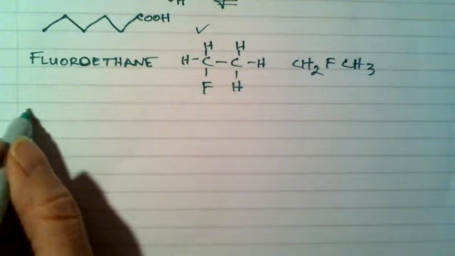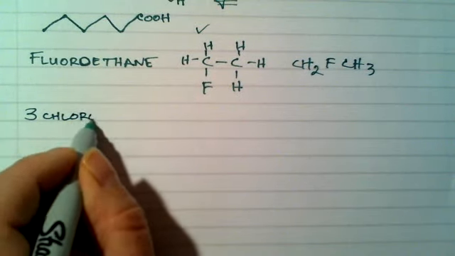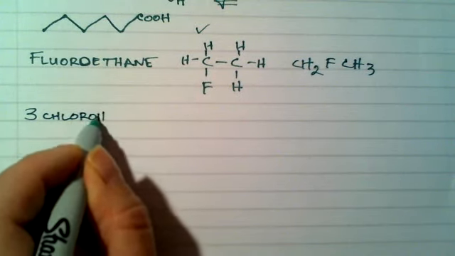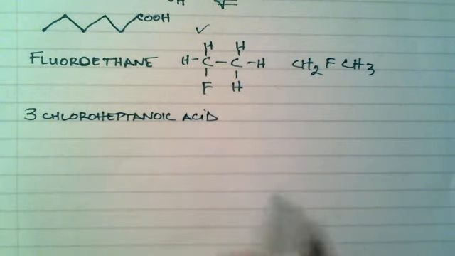3-chloroheptanoic acid. So this is another carboxylic acid, and the root there is HEPT, which indicates 7 carbons.